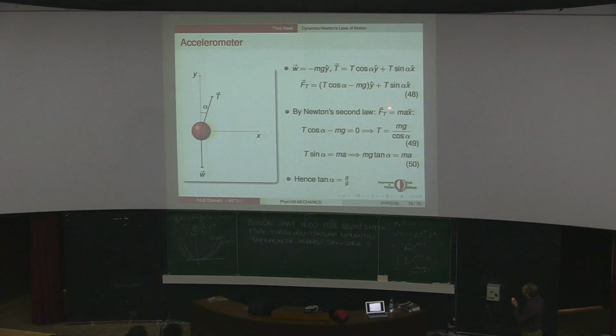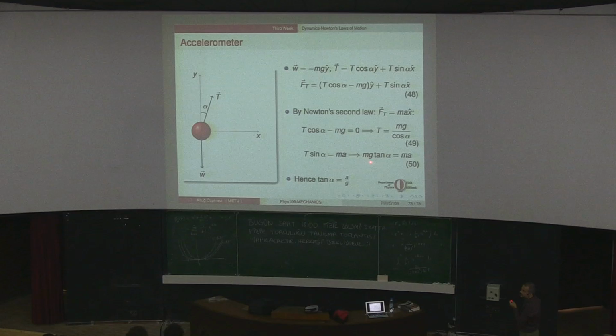Then the x component is T times sine alpha. From Newton's second law, the x component of the force has to be mass times the acceleration of the dolmuş. If you substitute the expression for tension here, you get sine alpha divided by cosine alpha, which gives you tangent alpha.